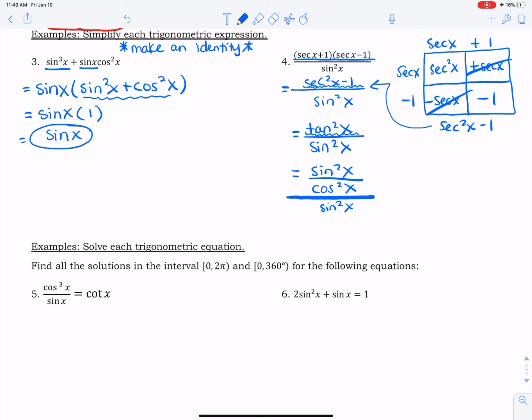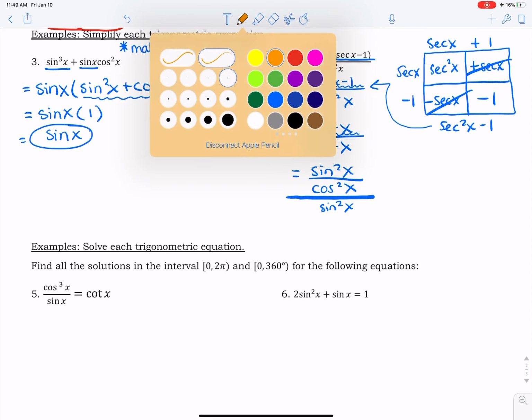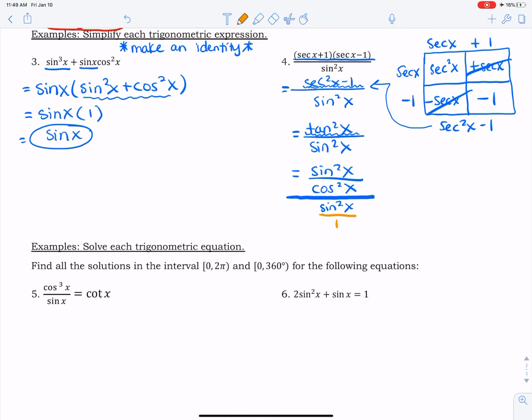Oh, we can simplify this fraction situation. This is like having it over 1, so we would end up with 2 fractions. You can think of it as sine squared x over cosine squared x, divided by sine squared x. The way I show my work is that I'm going to keep the first fraction, change the division sign to multiplication, and flip to make that 1 over sine squared x.